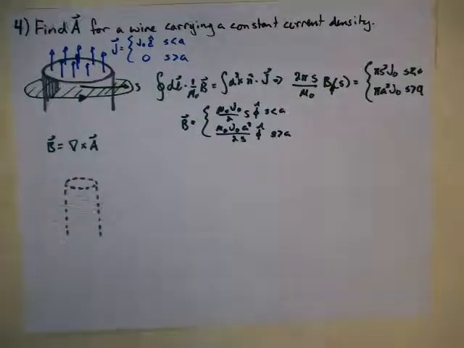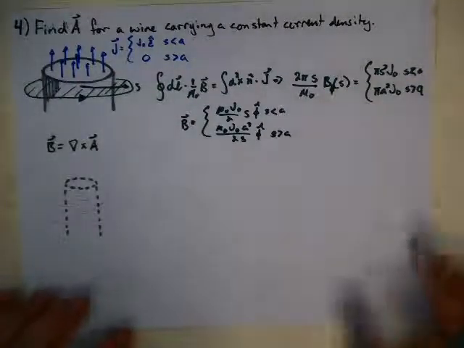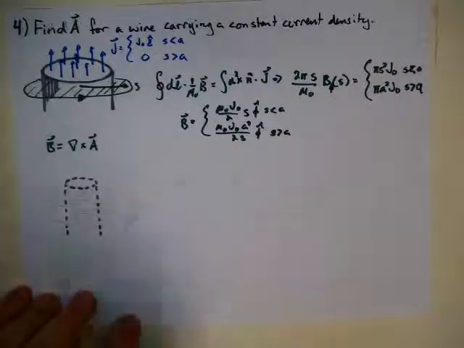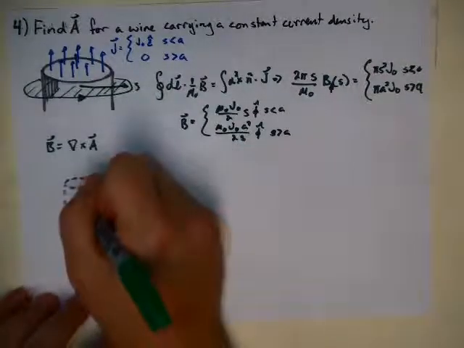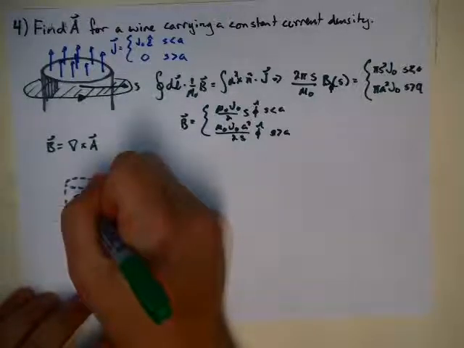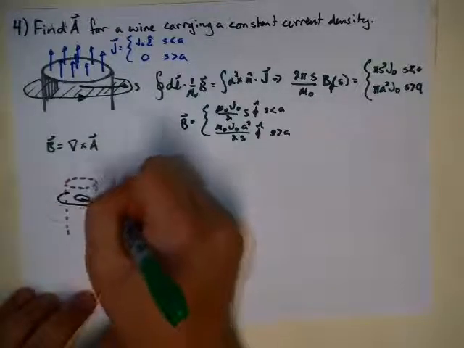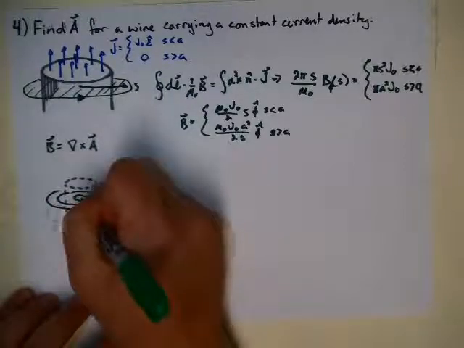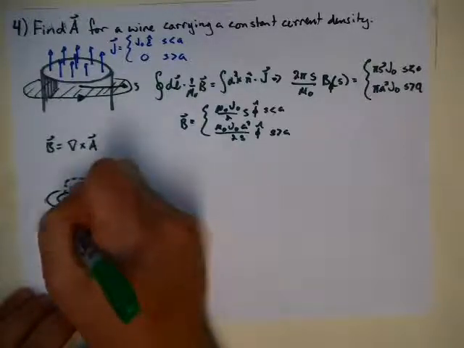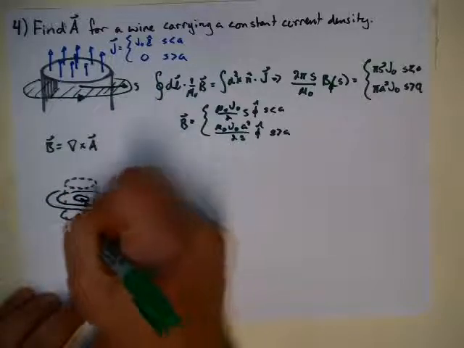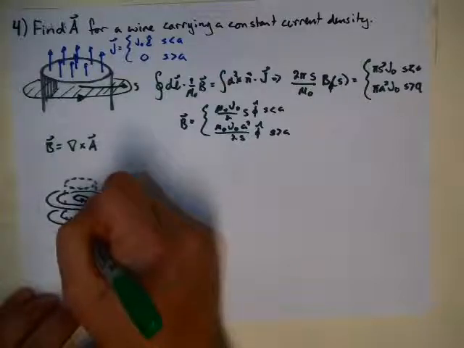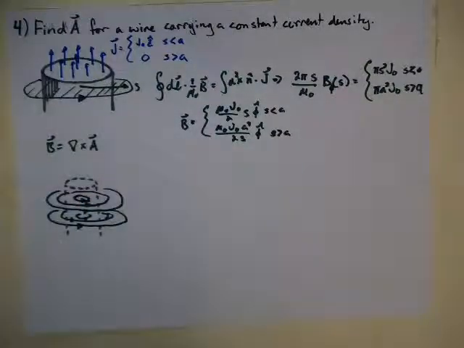And so that tells us where the magnetic field is. The magnetic field is swirling around the current, so we're going to have little magnetic field lines that look like this. These green lines are our magnetic field lines.